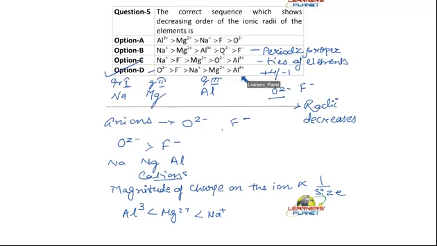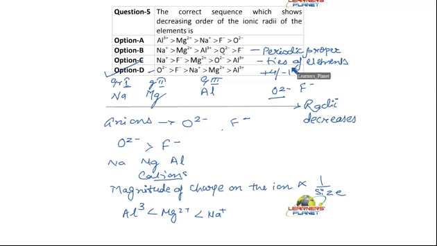Just pull out the ions, place them in the groups, and write the name of the groups as well as the periods. And remember, there is one thumb rule: when you move from left to right in the periodic table, the sizes reduce, the ionization energy increases, right?